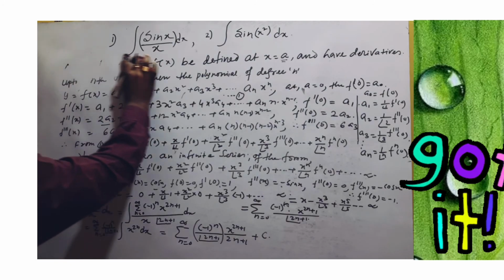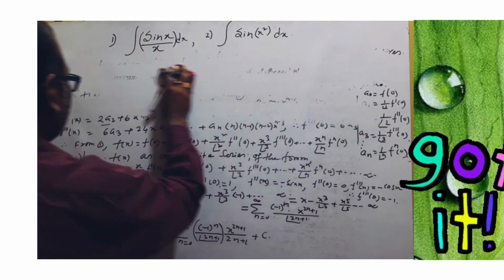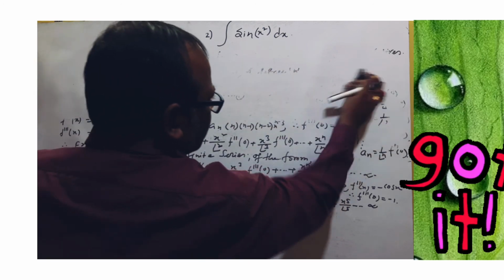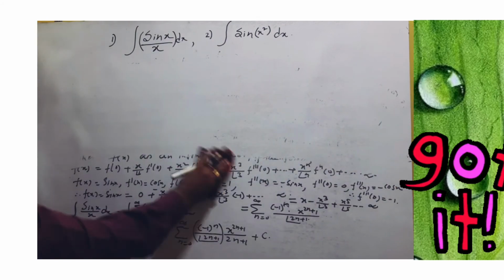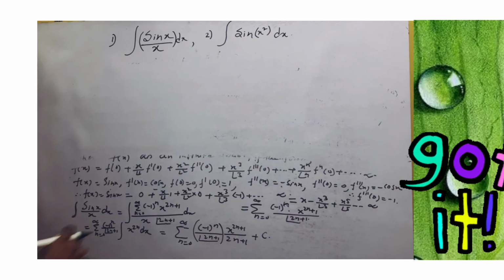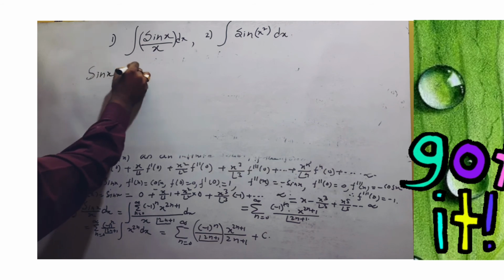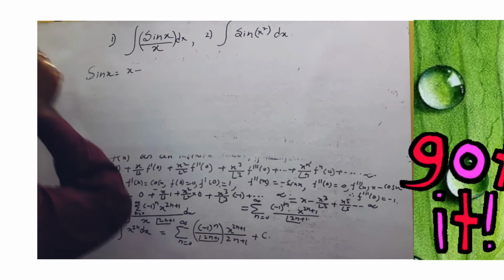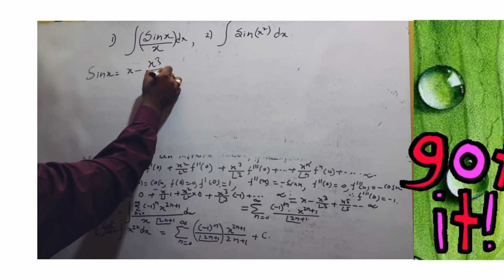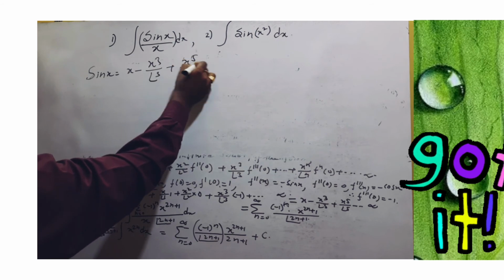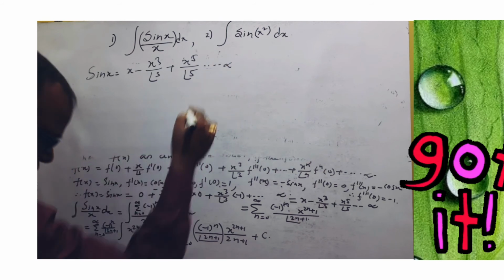So the sine expansion is sin x equal to x minus x cube by factorial 3, plus x to the power 5 by factorial 5, and so on to infinity.